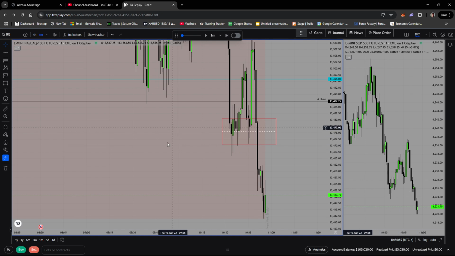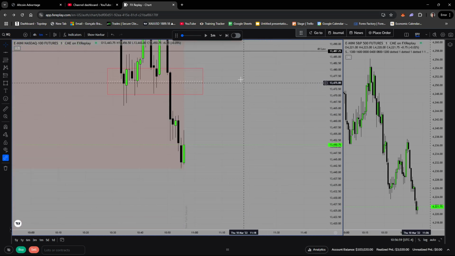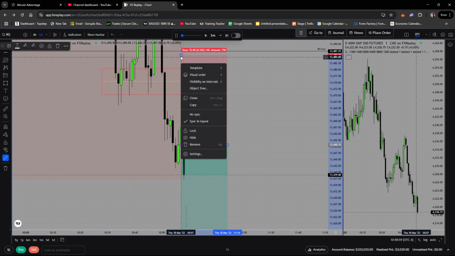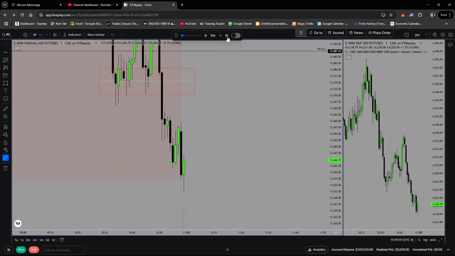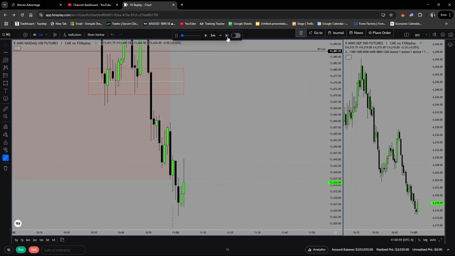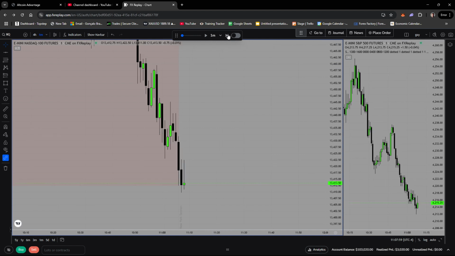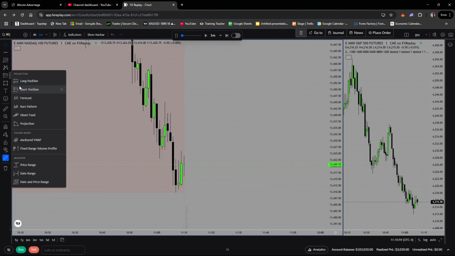Do we want to take this? How volatile is this? Let's say we took that. Continuation model is definitely in play.